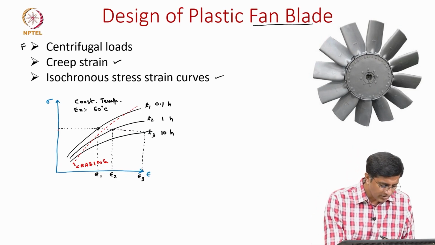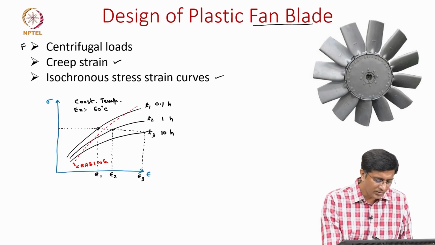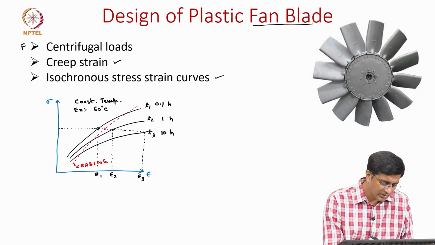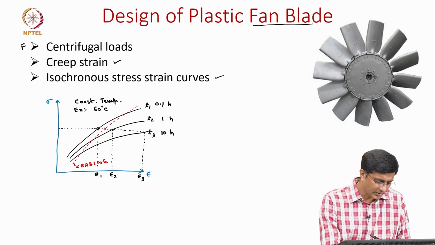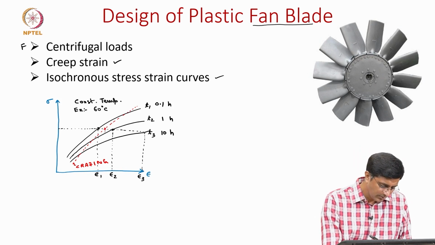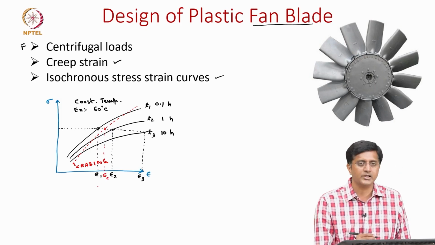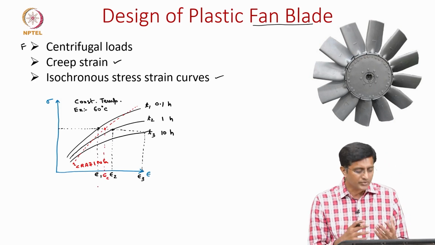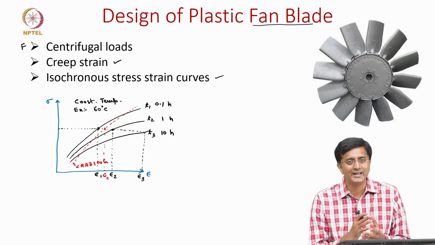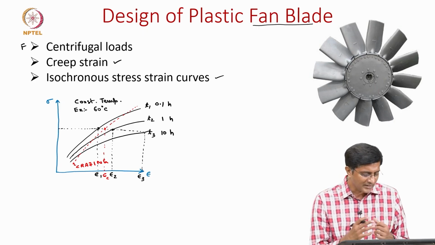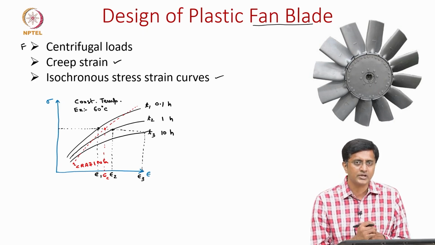So, for example, if you are looking again at a particular stress, it tells you at what time we are expecting to see this crazing or the corresponding strain where we expect to see crazing to occur. So, these are some of the things one needs to take care of if you are designing these fan blades using a plastic.